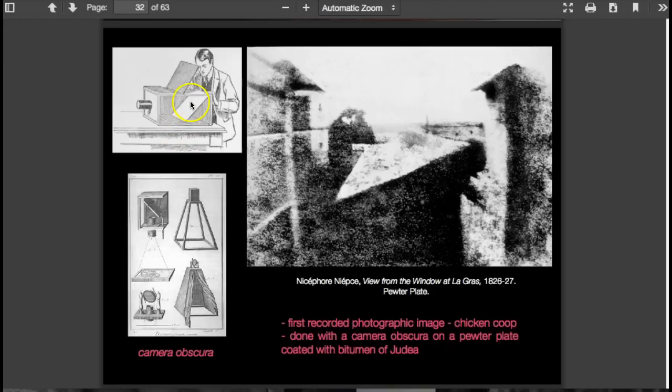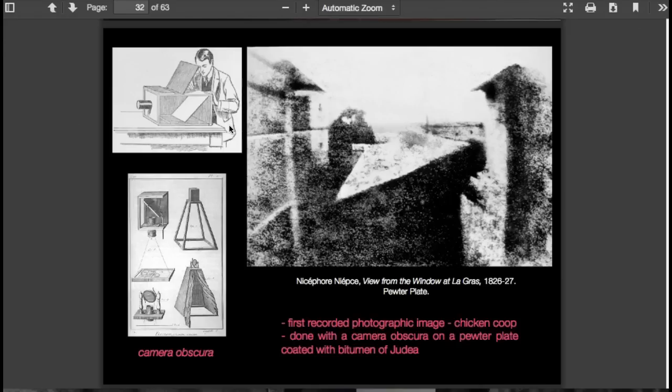Well, artists used the camera obscura, but this is the problem: you could see the image reflected here, but you couldn't fix it. You couldn't keep that image there. So by using this light box and letting the light come through and letting that image come onto this pewter plate coated with this light sensitive material, we could actually fix this image.